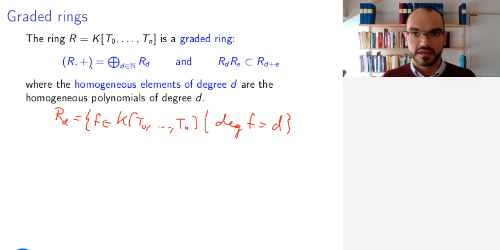Notice also that maybe this is more relevant for the general setting than for this specific case where this is clear, but the direct sum means that any element can be written as a sum of finitely many homogeneous elements. So in the direct sum, we require that we can decompose any f as the sum of f_d, where f_d is in R_d, and almost all of these f_d, meaning all except finitely many, are 0.